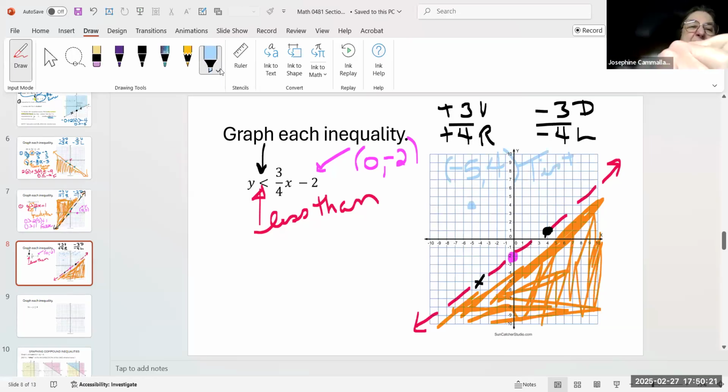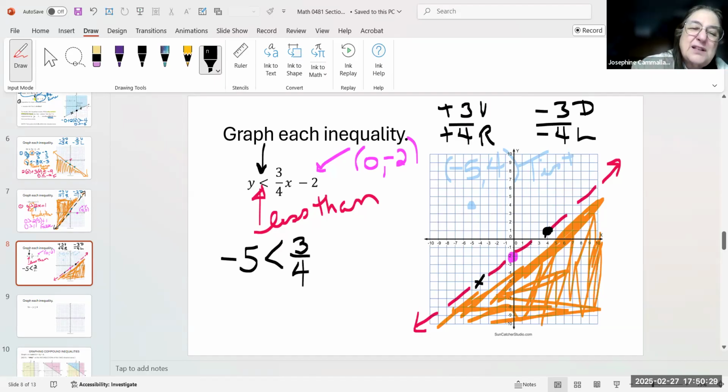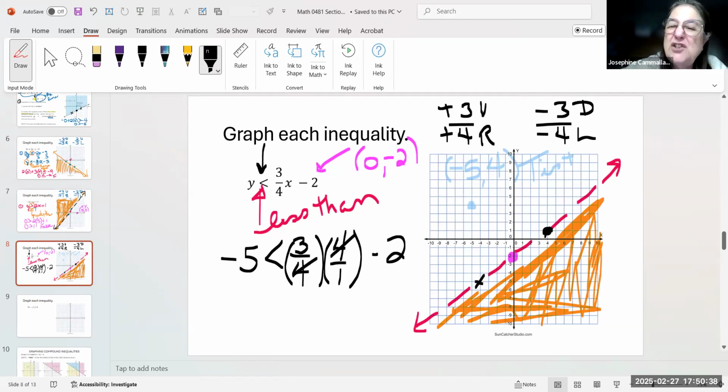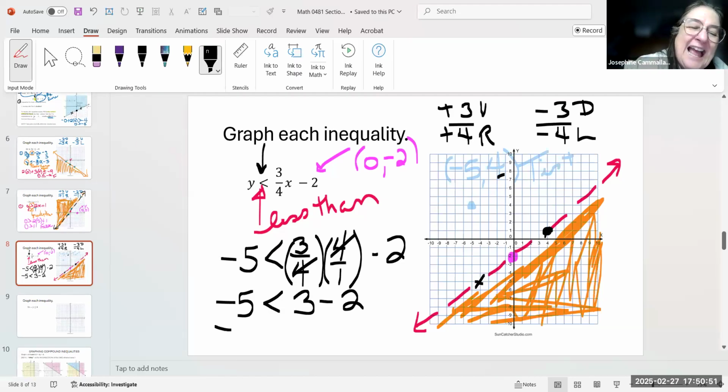Okay, well, let's take a look. -5 is less than 3/4. Now remember, this is 4/1 minus 2. That's why I changed this to a 4 instead of a 5. Make my fractions cancel out. Well, this will give me -5 is less than 3 minus 2.